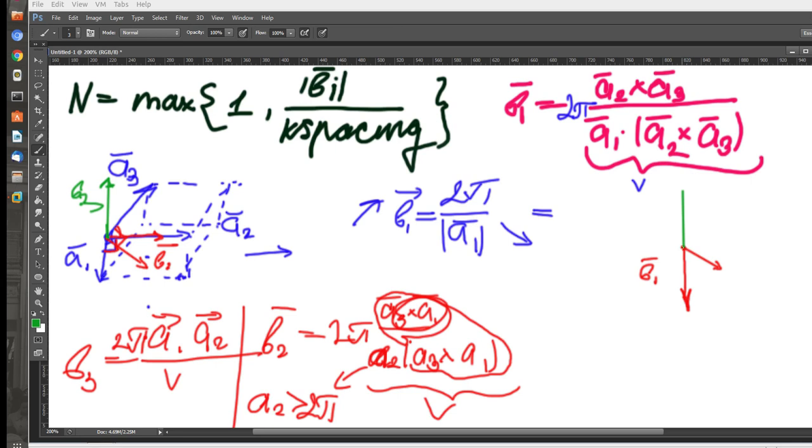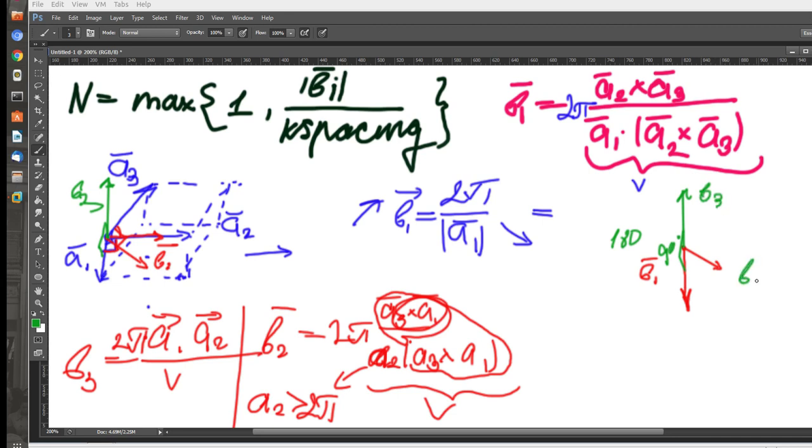There is 90 degrees, and here is also 90 degrees. So let's say that it is 90 degrees, and this is our vector b3.